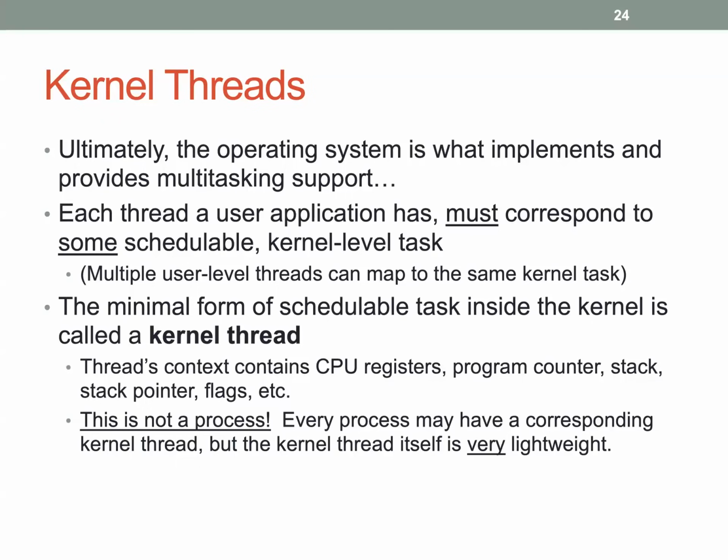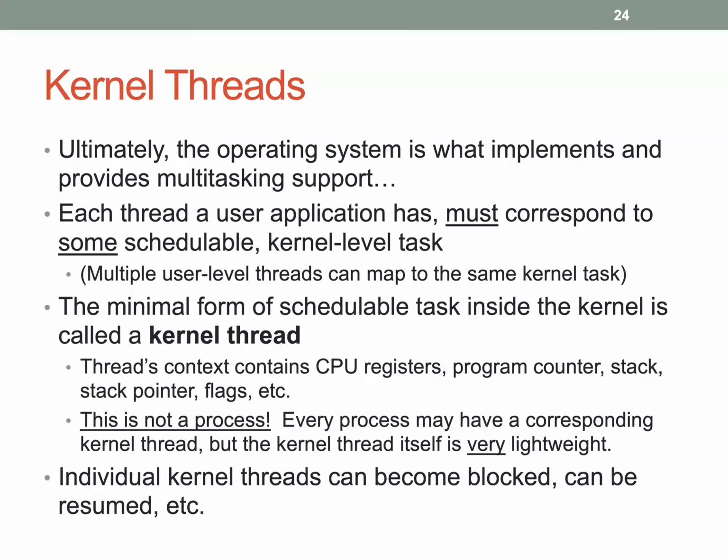You may even have kernel threads that don't correspond to a user process because they're used to do utility operations like disk flushing and things like that. Like I've got my file system cache and some pages are dirty, and I have a kernel thread that goes through and writes some of those dirty pages so that if power goes out, I'm a bit more robust. You may have situations like that. The kernel threads can be used in many different ways. Okay.